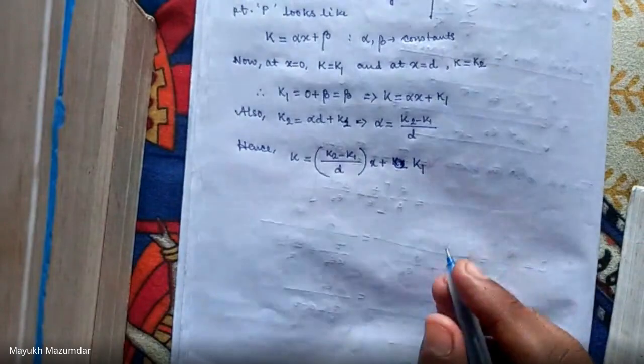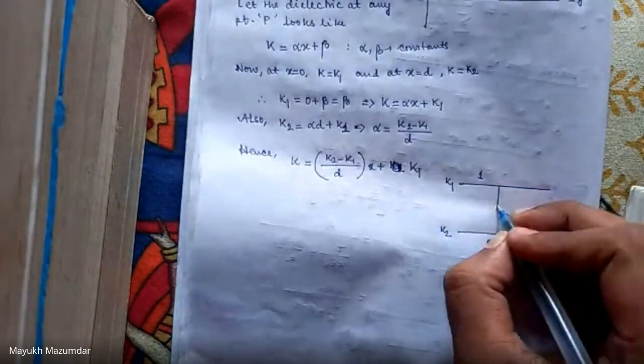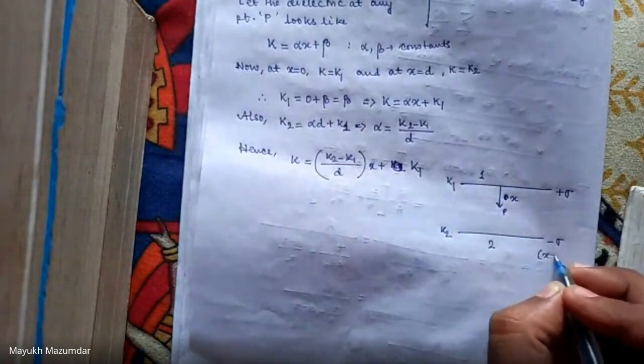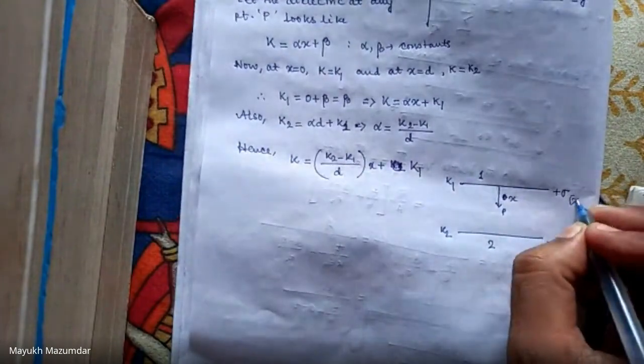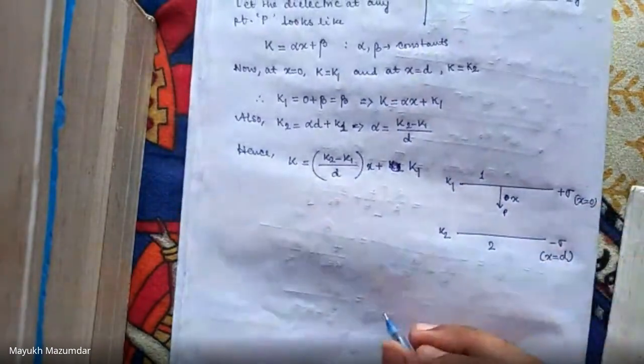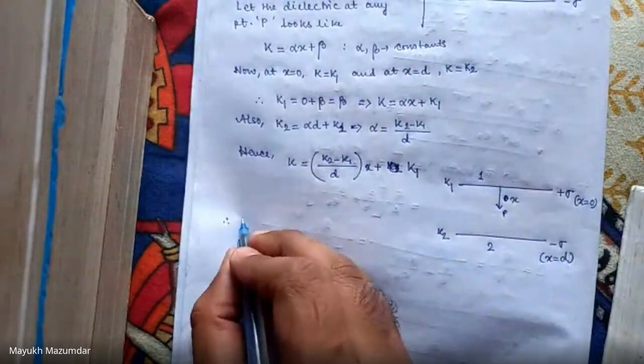Anyways, so that's how the dielectric constant looks. That means the value at plate 1 is K1 and at plate 2 is K2, x equals 0 and x equals d. Fine. So now I can write the electric field expression.